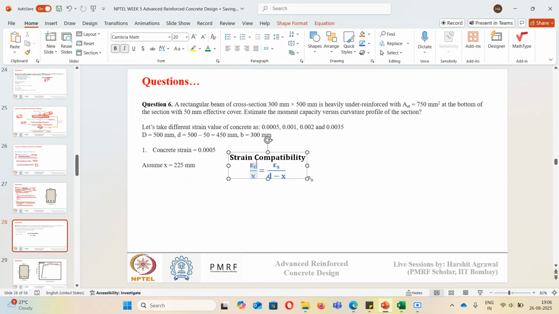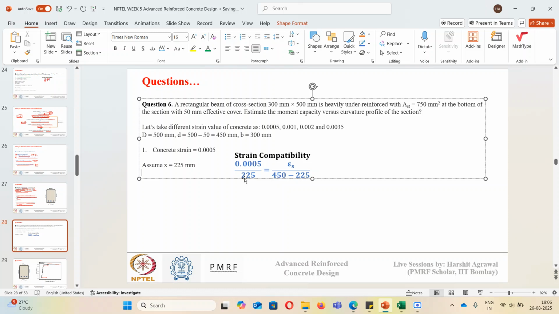The concrete strain I have fixed at 0.0005, and the x value I have fixed at 225. The steel strain is unknown to me, and capital D I know is 450, small d is 450, and x is 225. From this we can get the value of strain in steel, and it will come out to be 0.0005.